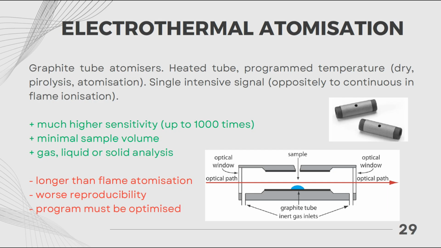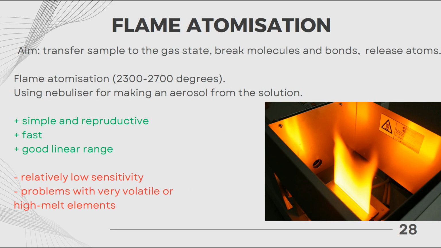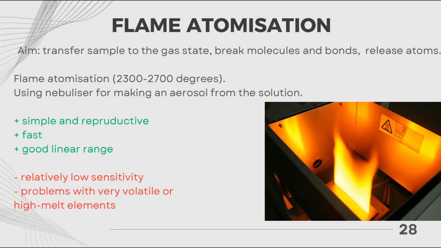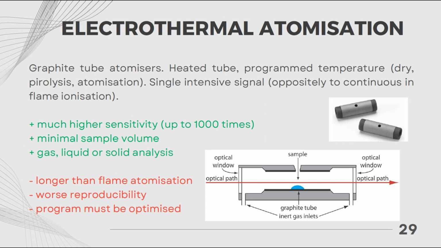So what's the difference with flame atomization? The difference is that in flame atomization, you constantly pump the sample through the tubing. So you have a constant aerosol, and the lifetime of all the particles is really small. But here, when you heat the tube, all the sample stays in the tube for some time, which gives us more time to register some absorbance effects, which is good.